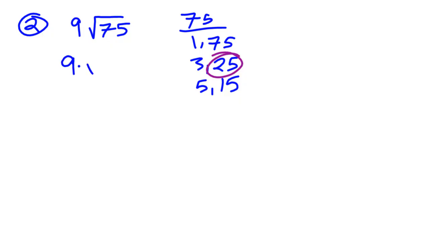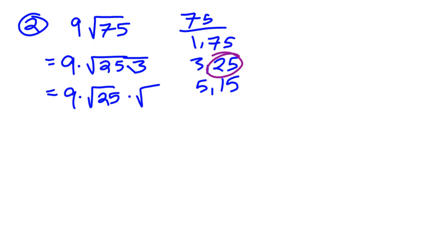So let's use that. I'm going to rewrite this 9 out here. And under the radical, we're going to do 25 times 3. Now I'm going to use the product property of square roots. I'm going to write this as 9 times the square root of 25 times the square root of 3.